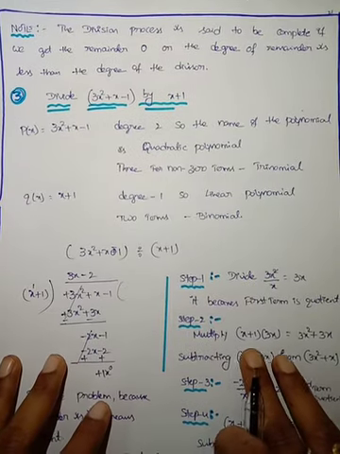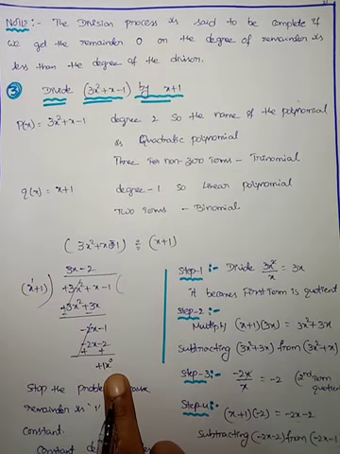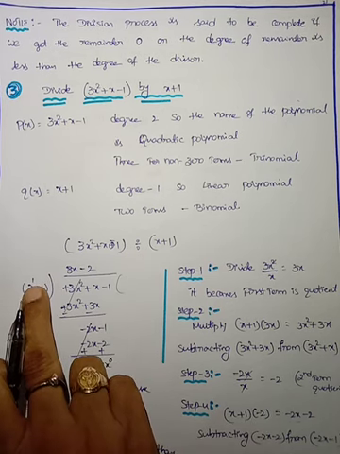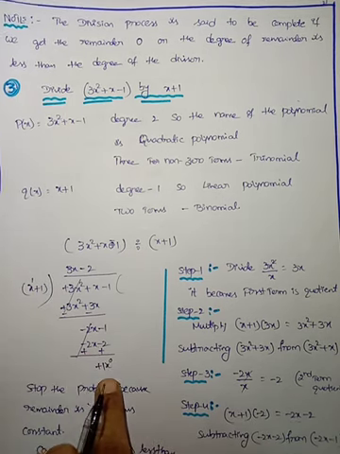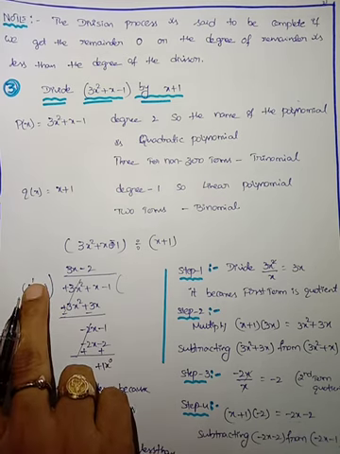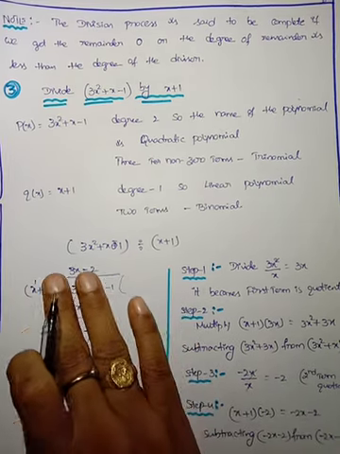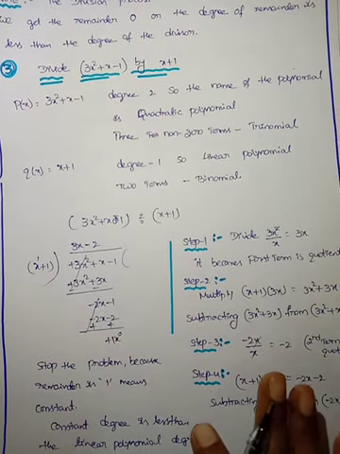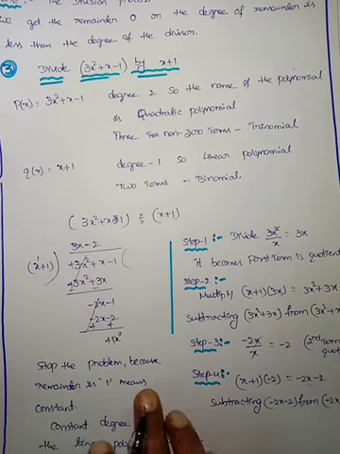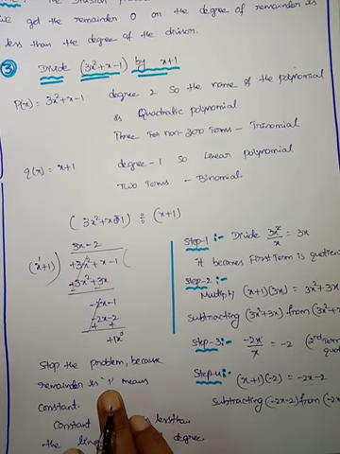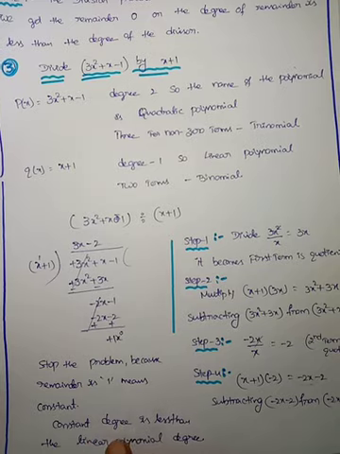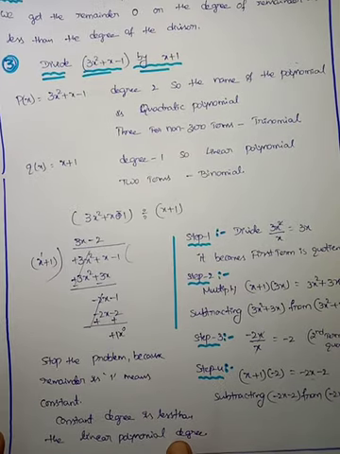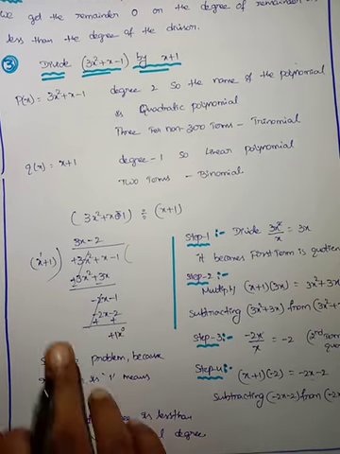So stop the problem, because the remainder is 1, a constant. The constant's degree is less than the linear polynomial's degree.